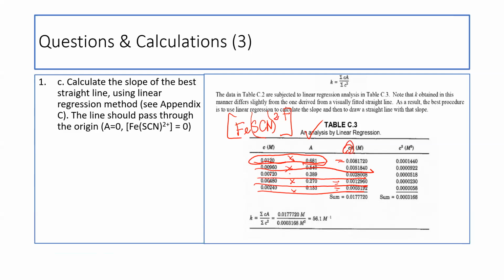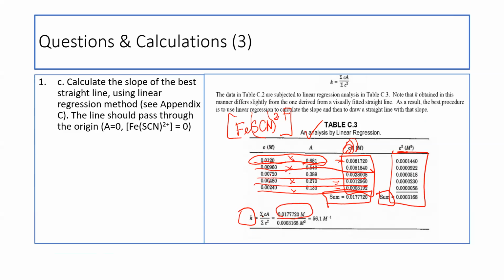Here is C times A. Here is your concentration squared. You have to square your concentration. Very simple. And here is the sum of these numbers. Here is the sum of squared concentrations. And here is the formula for K. How can we do that?